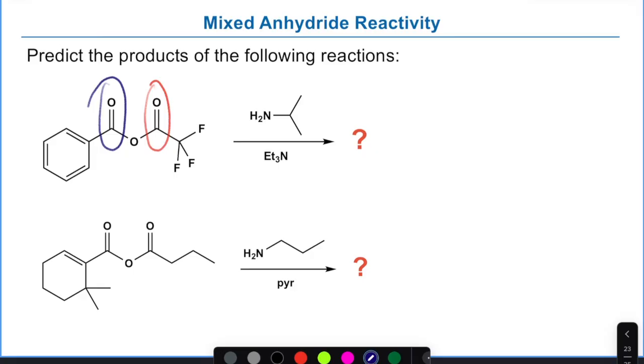you're going to do a nucleophilic addition of an amine using triethylamine as a sacrificial base. Who wants to hit the red carbonyl? Who wants to hit the blue carbonyl? Okay, discuss and let's talk again.